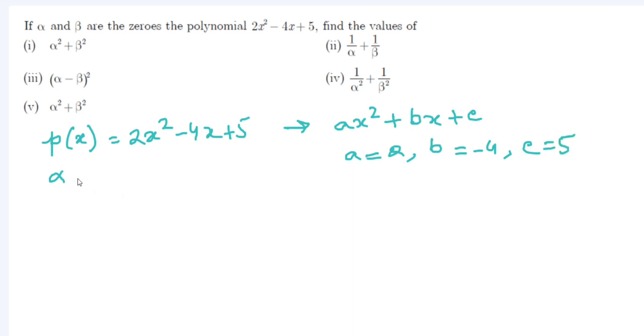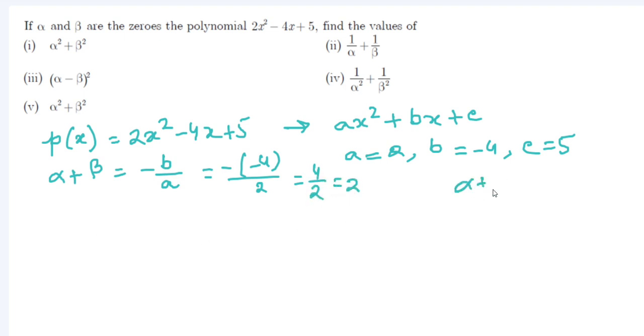Now alpha plus beta, we know that is minus b by a. So that means minus of minus 4 by 2, that is 4 by 2 is equal to 2. So what we got? Alpha plus beta equal to 2.